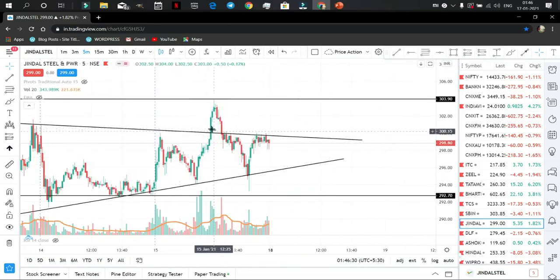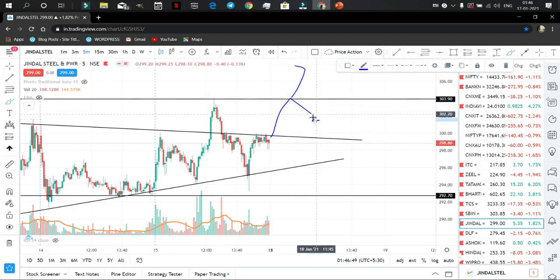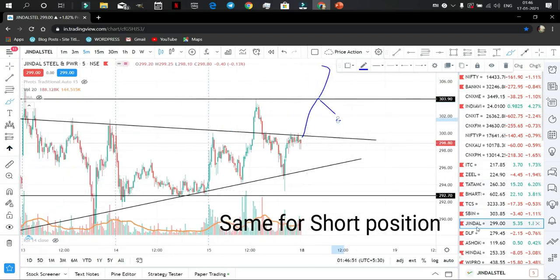So there was a breakout on the stock, but unfortunately that did not sustain, and the stock went back down. So if there's another attempt of breakout, I can take a long trade in this one. This could be our first target, and we can book some profit over here, and then we can hold on to the trade. And if it goes back, then we can exit our position depending on how the market reacts.